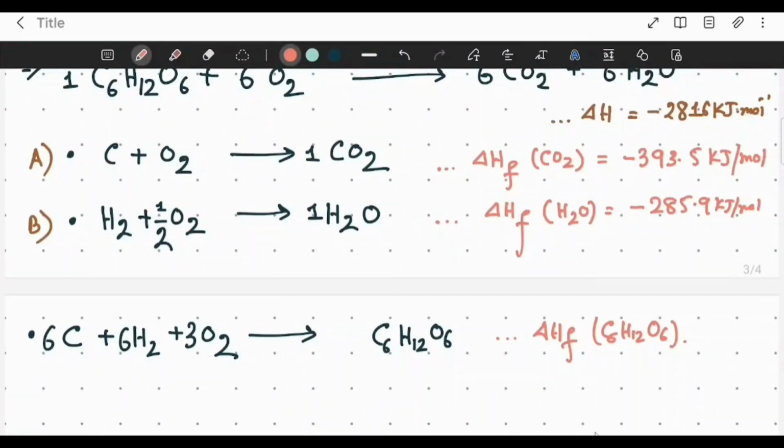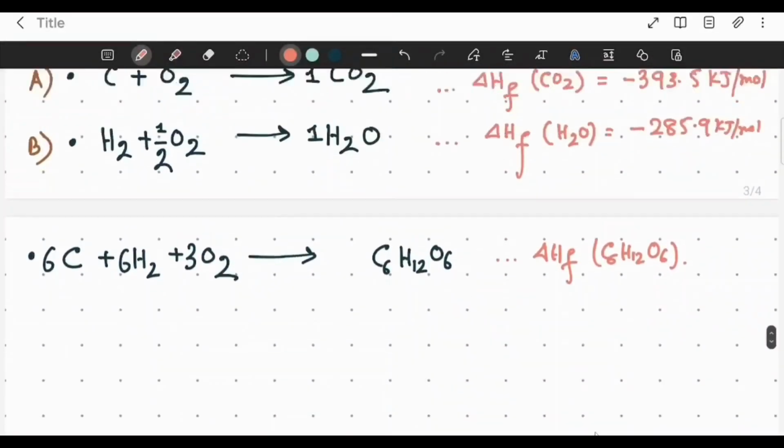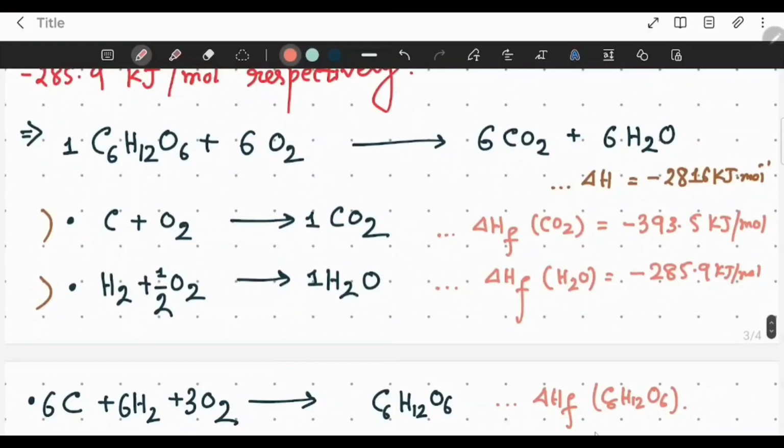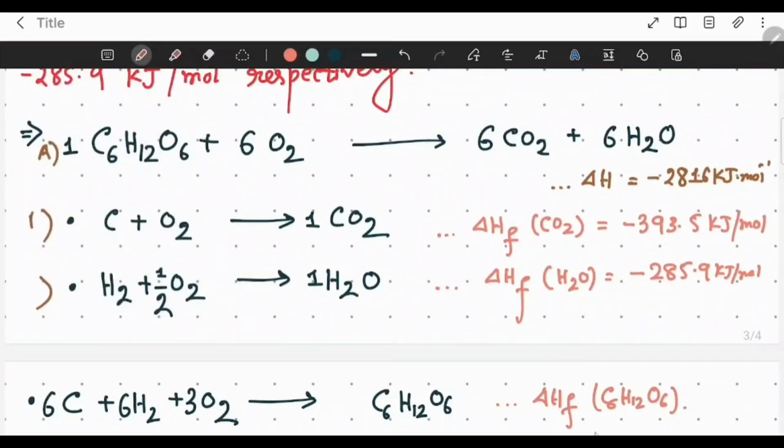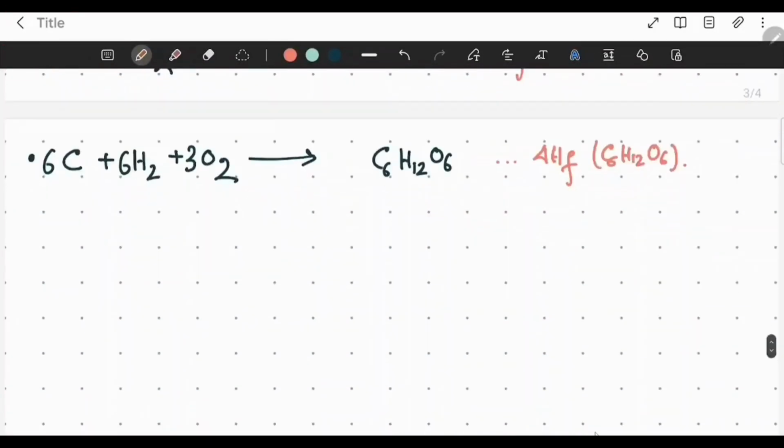Let me rename these equations as A, B, C. So now 6A plus 6B, let us check, minus C, what we obtain.